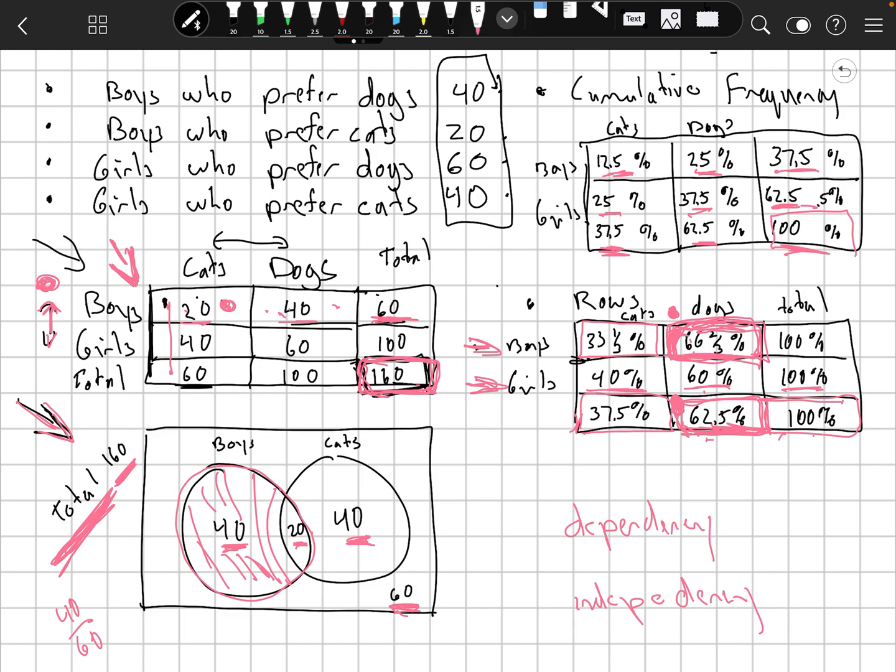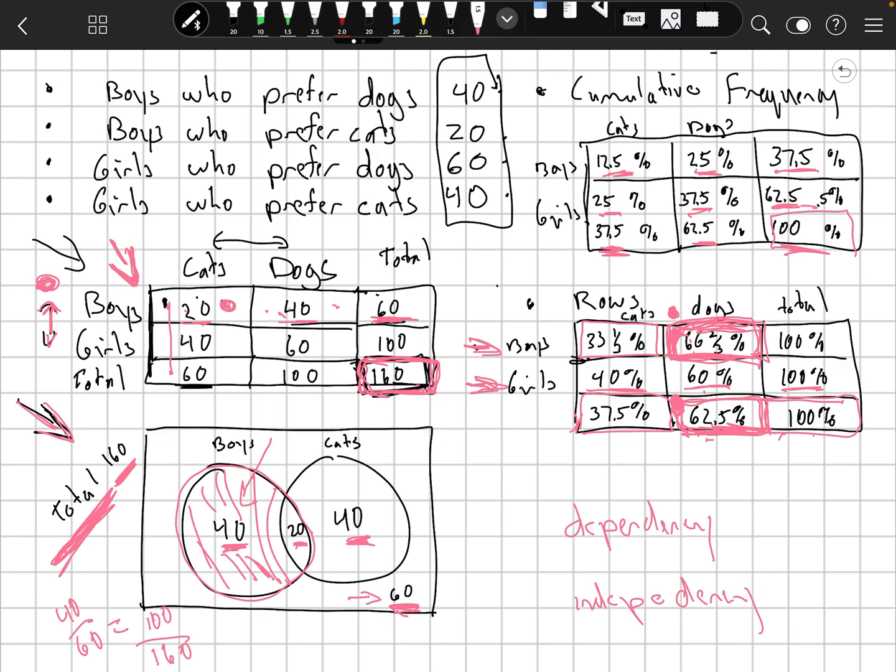That's 2/3 right there. Boys who like dogs, and then we're comparing that to just out of everybody, and we're looking at the dog lovers. So we're looking at everything that's not a cat. We're looking at the 40. We're looking at the 60, so we got 100 over everybody over 160. And if these two are equal, then there's no dependency.